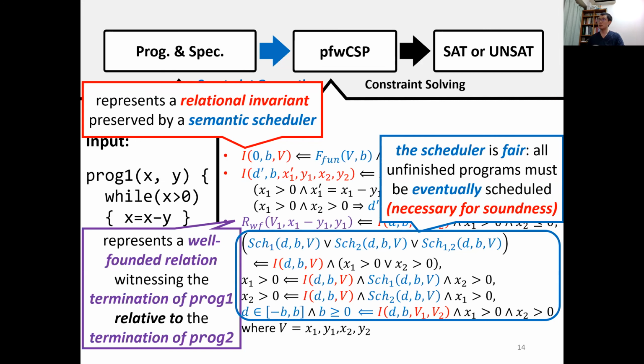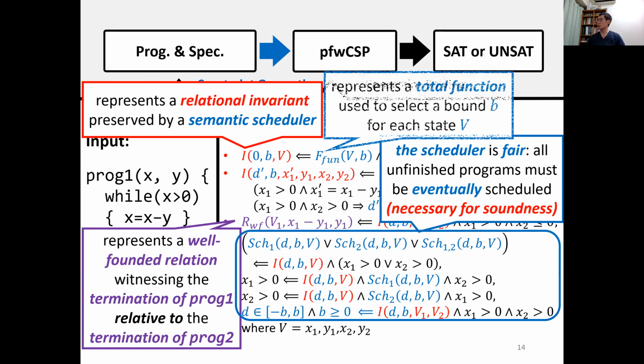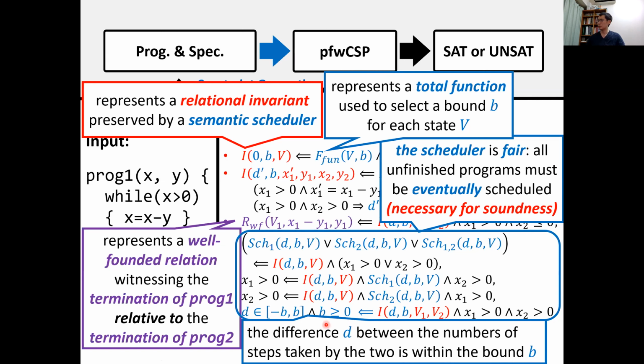This is similar to the fairness encoding for the case safety case, except that we additionally need a bound set by another predicate variable, f1. This bound is used to bound the difference of steps taken in the two programs.